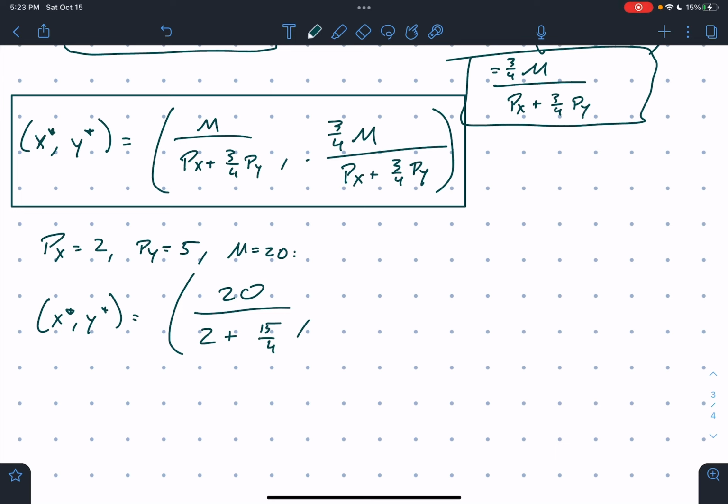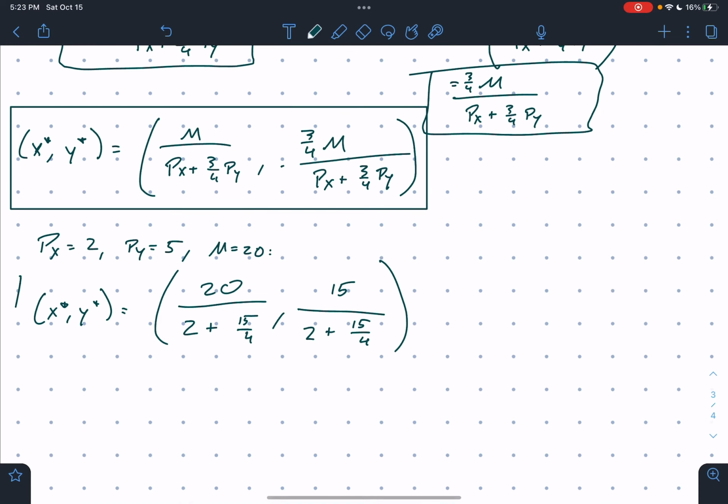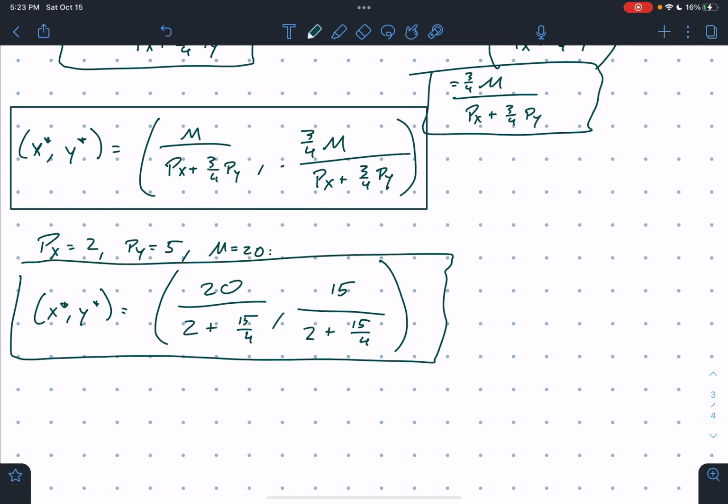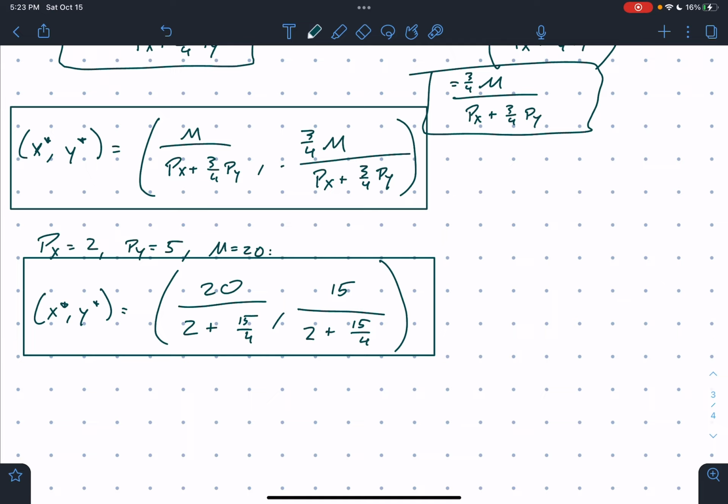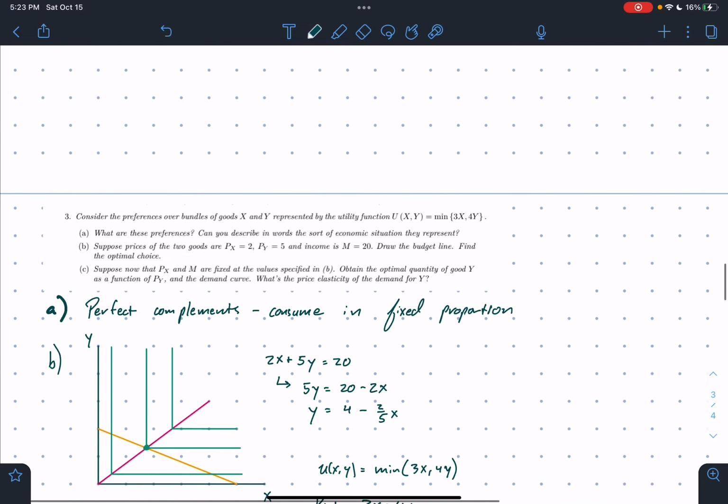And then the consumption of y is going to be 15, because 3/4 times 20 is 15, over 2 plus 15 over 4. You can simplify this further if you want, but this is going to be your answer to this question. You don't necessarily need to do all that algebra. All right, so that's part B.